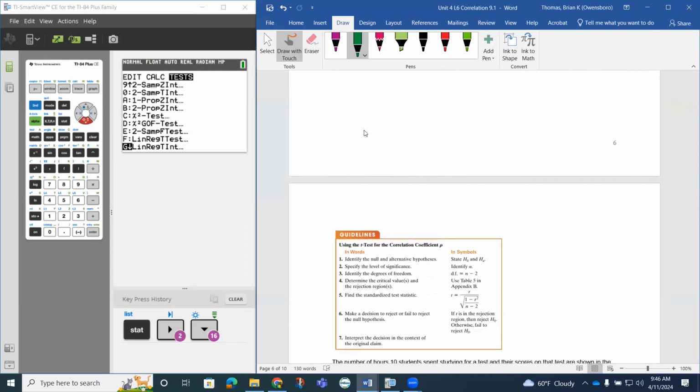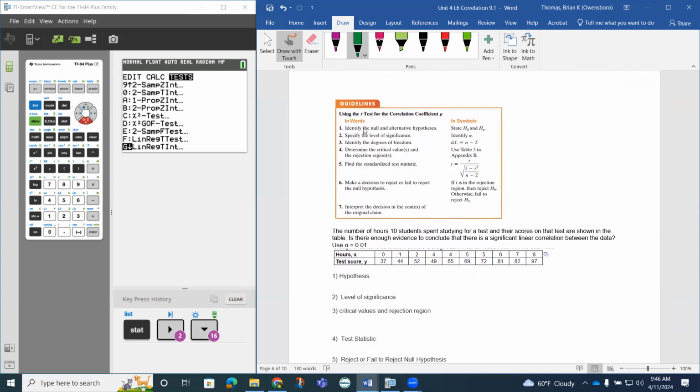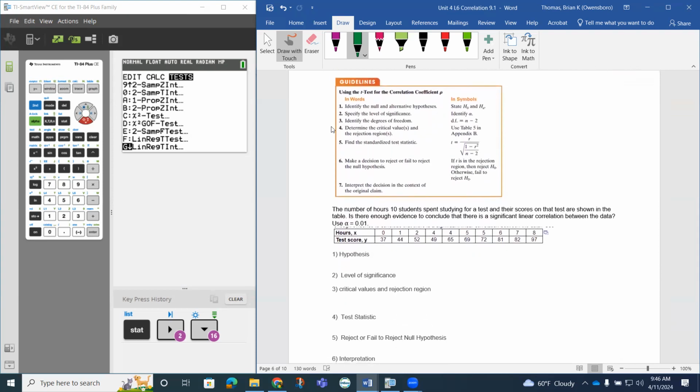So let's move on down and go through our checklist. To do a hypothesis test for the population correlation coefficient rho, we want to identify the null and alternative hypothesis, so H sub 0 and H sub A. We need to specify the level of significance, which is going to be alpha.